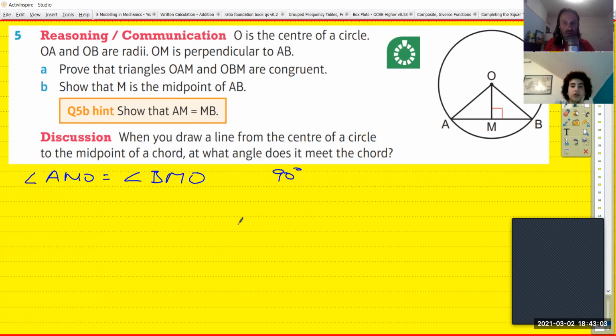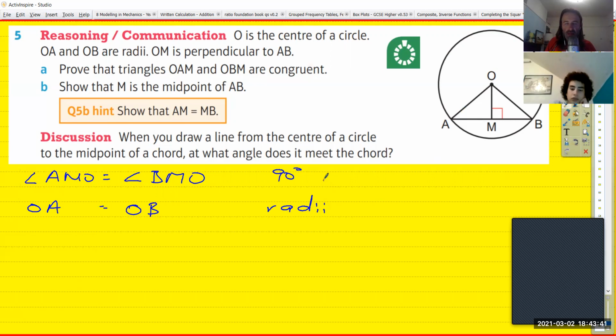The hypotenuse. Yeah, why is that? Because they're both radiuses, or the proper word is radii. And we need one more thing that both triangles have in common. Yeah, on a diameter.